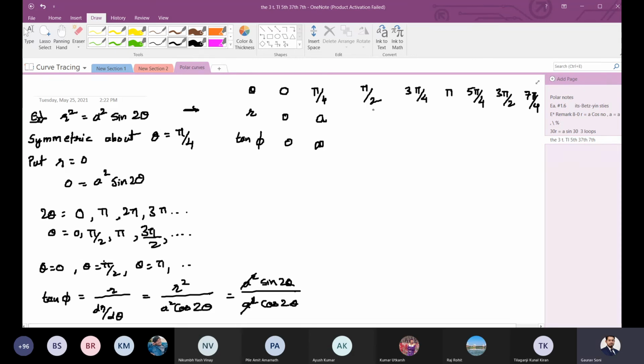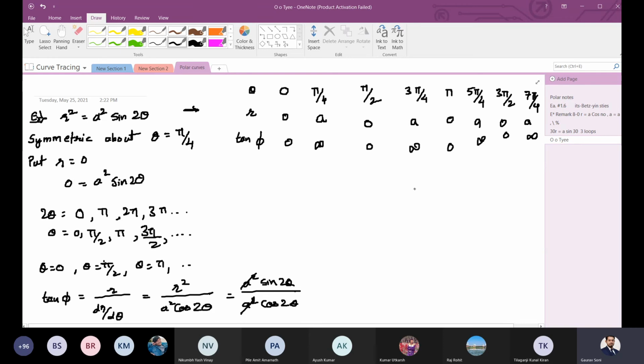R equals 0, tan phi is equal to 0. 3 pi by 4? Sine 3 pi by 2 is 1, so again a, infinity. At pi, 0, 0, a, infinity, 0, 0, a, infinity.